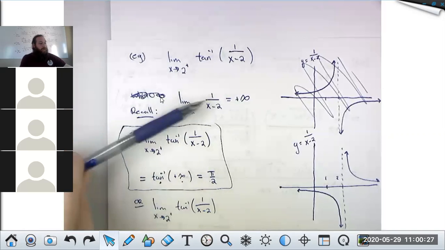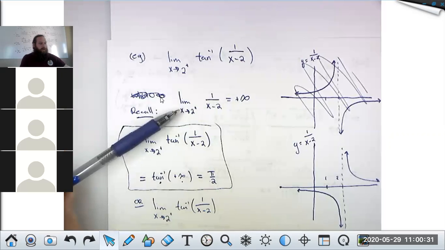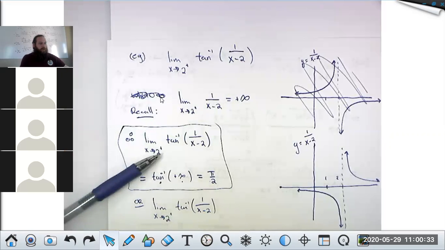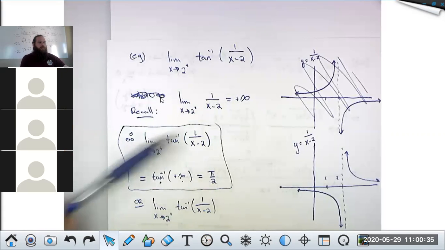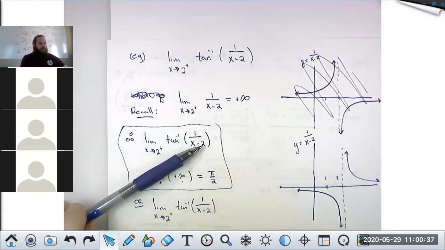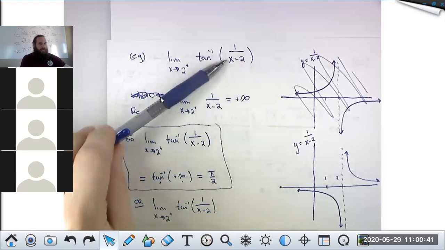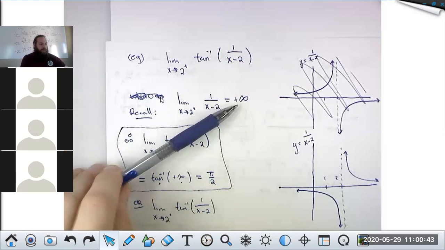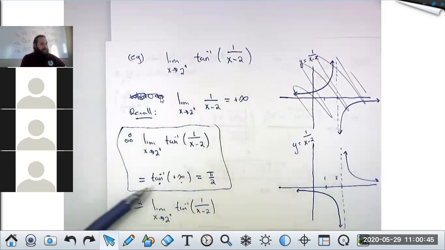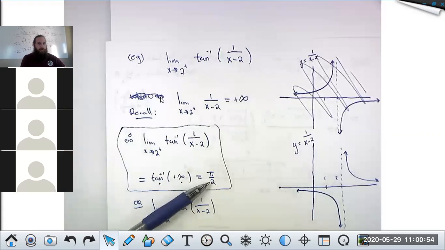I know that 1 over x minus 2 goes to plus infinity as x goes to 2 from the right. So the limit is the same as the inverse tangent of plus infinity, because the inside of that function is going to plus infinity. And then the inverse tangent of plus infinity is pi over 2, because the horizontal asymptote on the right-hand side for the inverse tangent function is pi over 2.